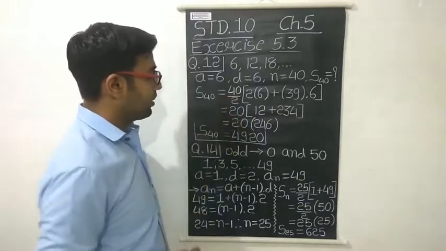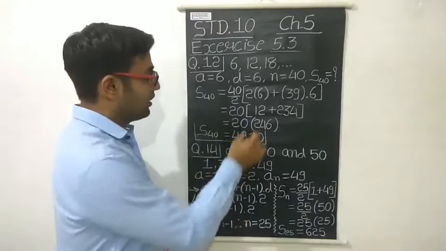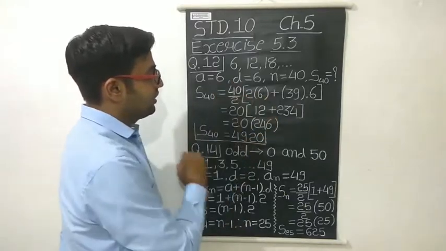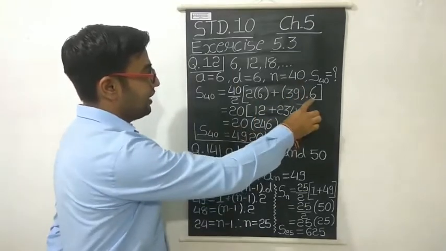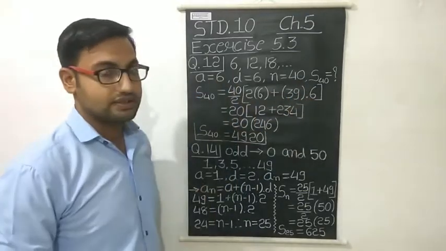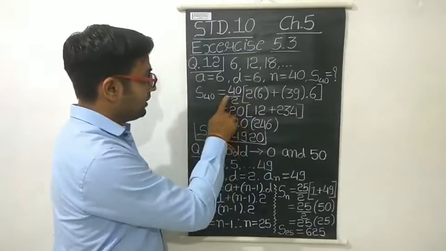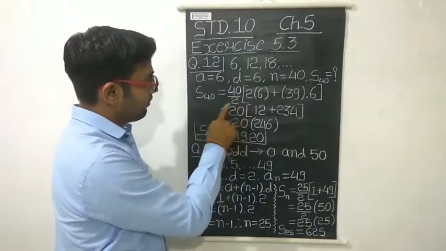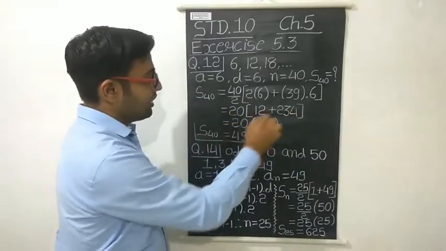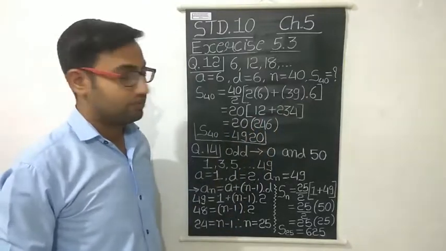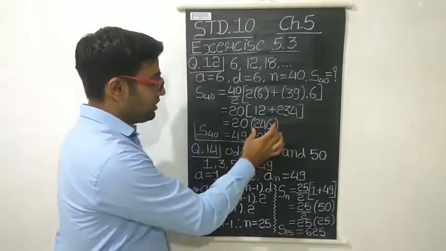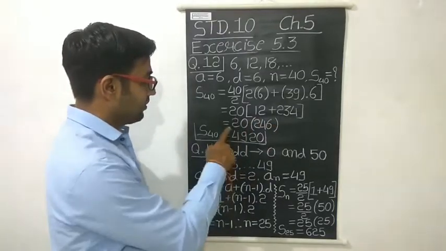S40 is equal to 40 upon 2 times (2a, which means 2 into 6, plus n minus 1, that means 39, into d, which is 6). So here we will cancel out the common factor 2. We get 20 times (12 plus 39 into 6, which is 234). Addition of both is equal to 246.